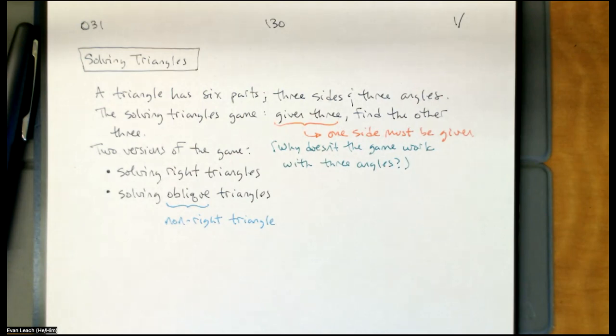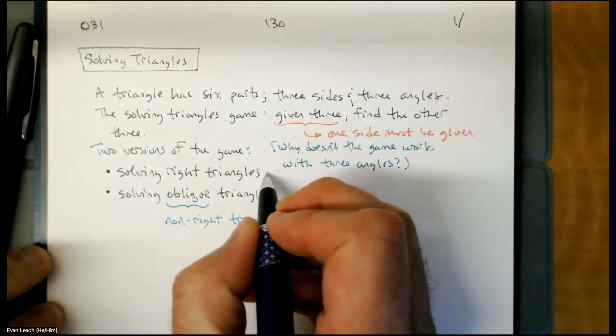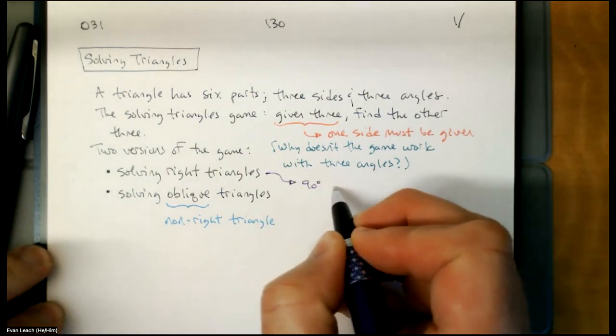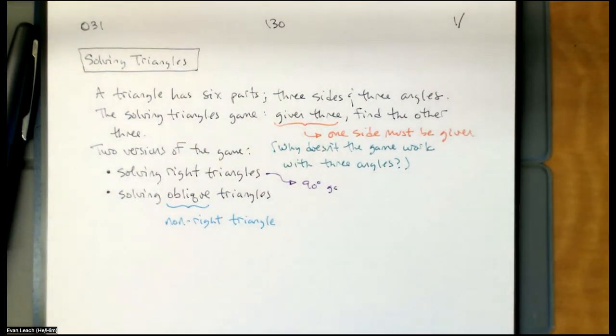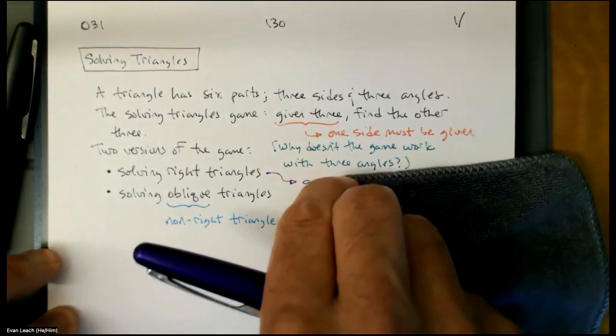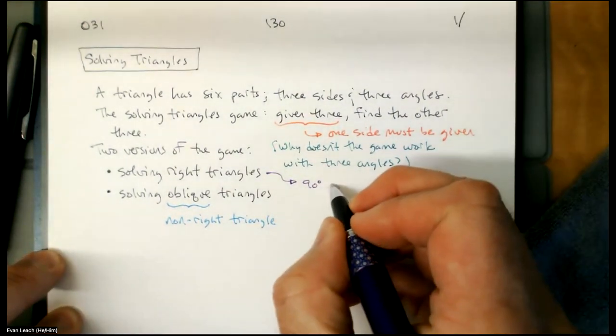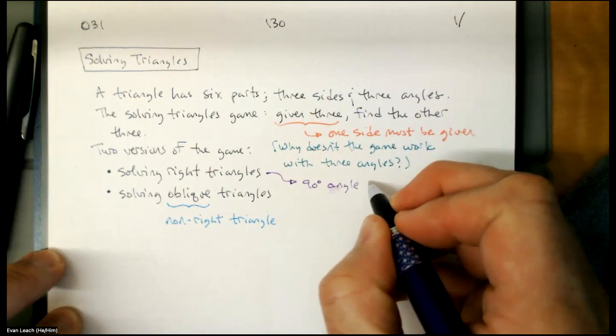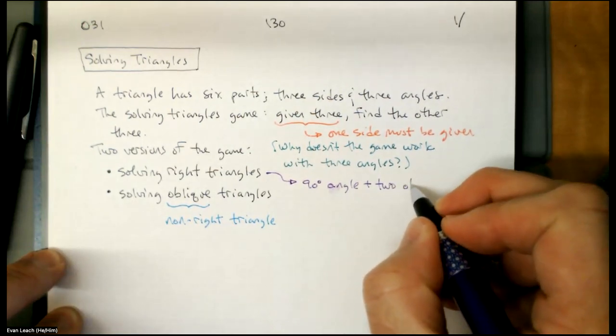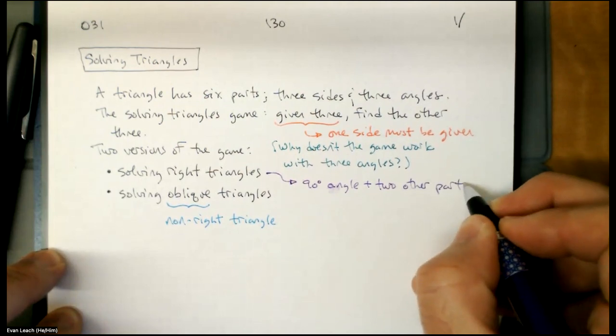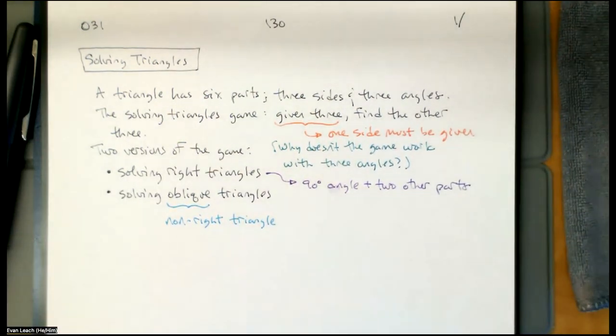In the solving right triangles game, that just means one of the pieces of information that you're given, one of the parts, is a 90-degree angle.